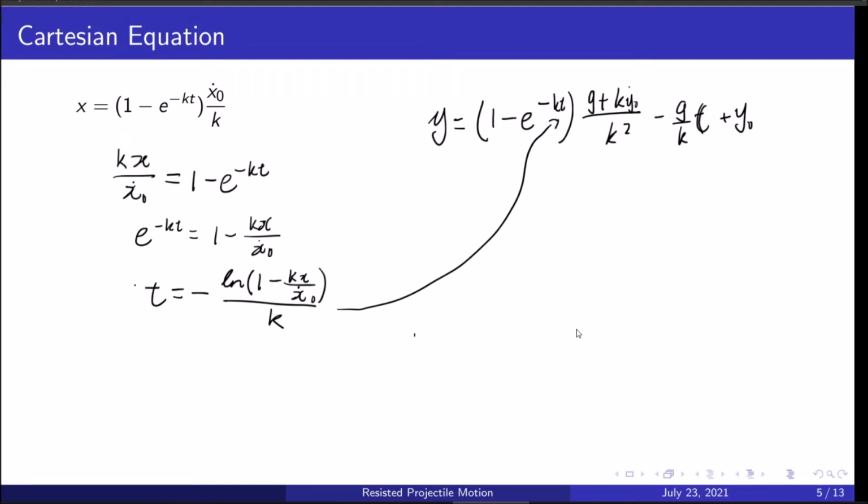I'm not going to do it here because it's really hugely messy. But once we go into an actual question, because k, x naught and the rest are all constant terms, numbers, it actually becomes much easier if you do it with actual numbers, which is what we would be doing with one of the examples.